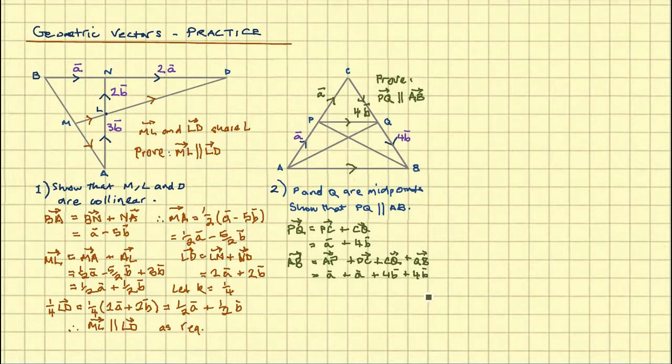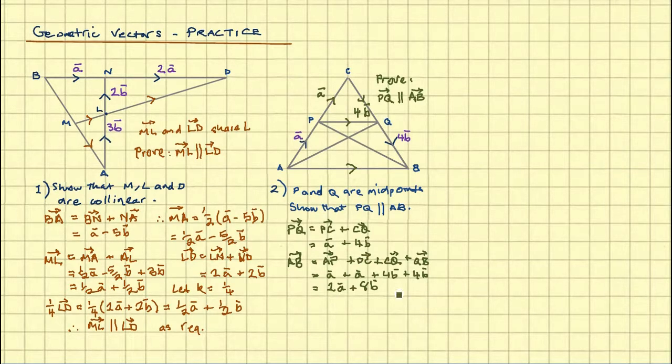And now gathering the terms up, a plus a is 2a, 4b plus 4b is 8b. And that completes our writing PQ and AB in terms of a and b vectors.